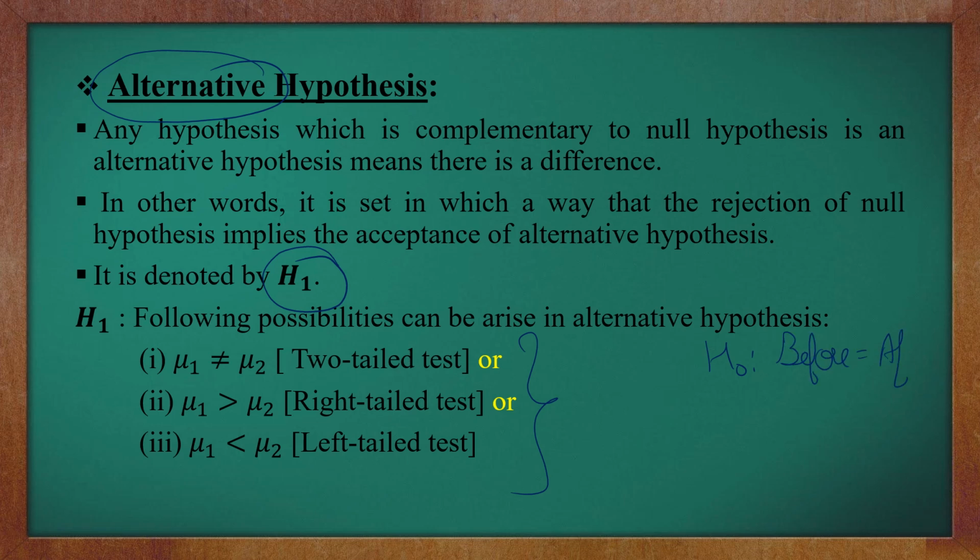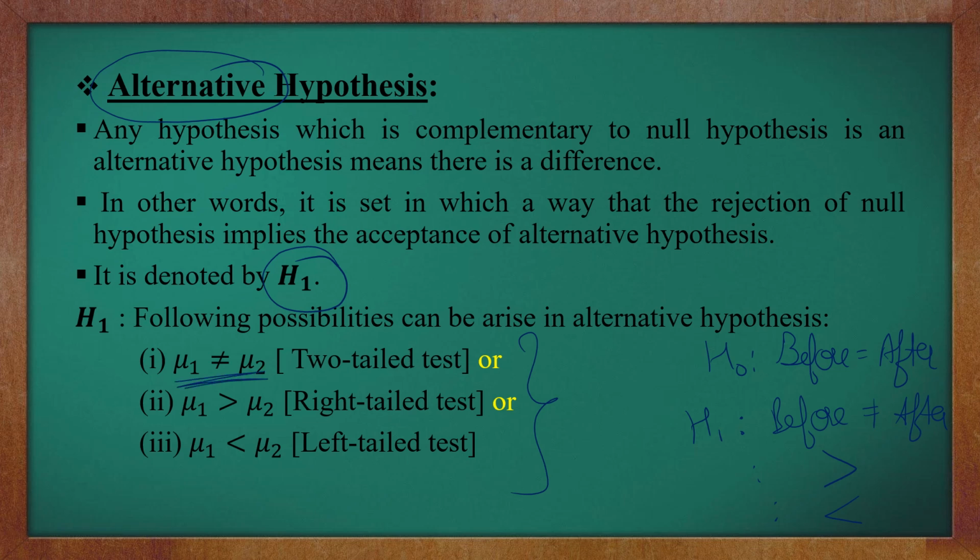Obviously, that is the null hypothesis. What is the alternative? The alternative might be that both sales are not the same. Or it might be that before the advertisement sales were good, and after, the sales decreased. It depends on the case. So here three cases will arise.